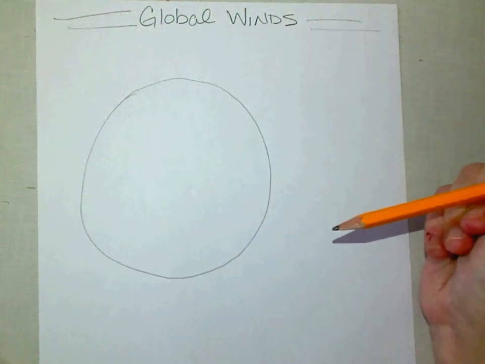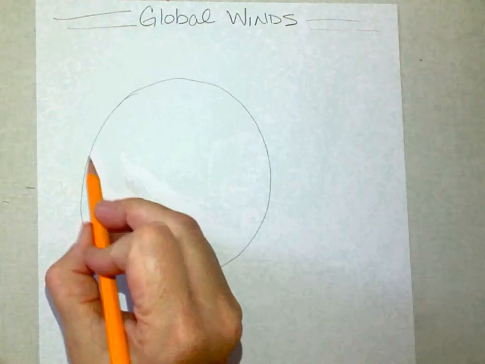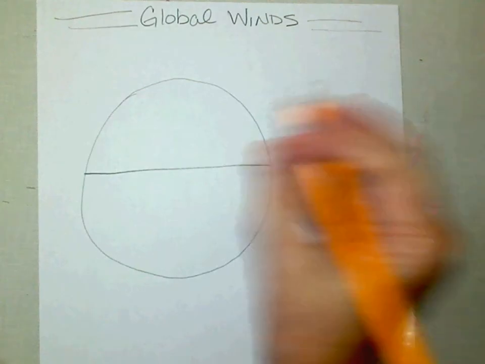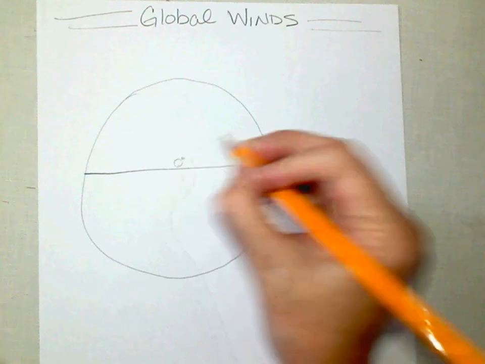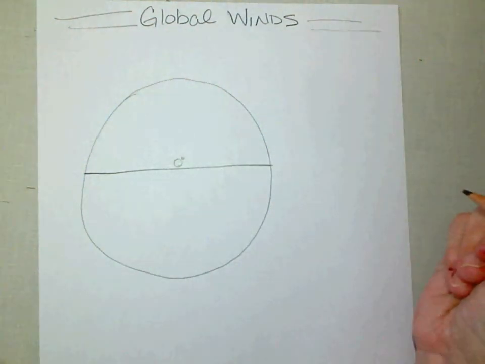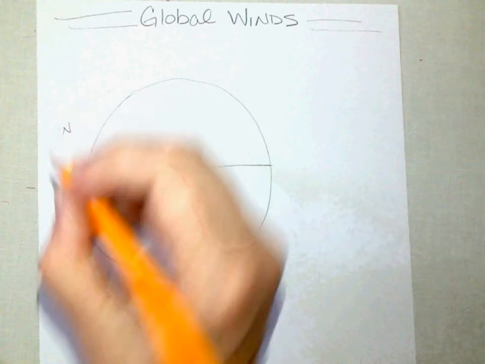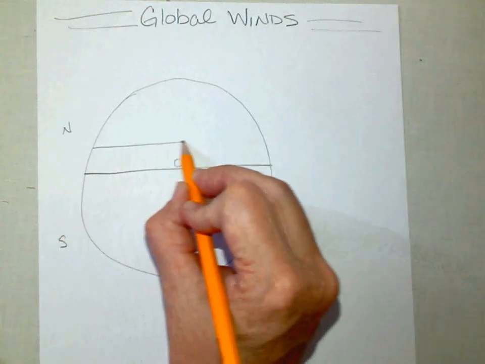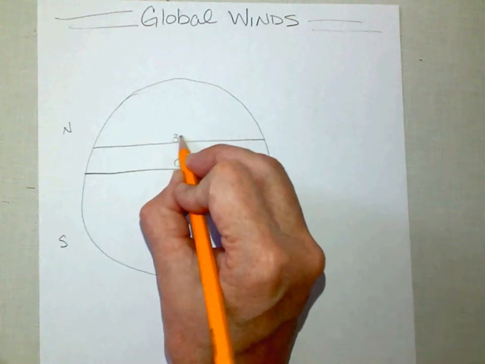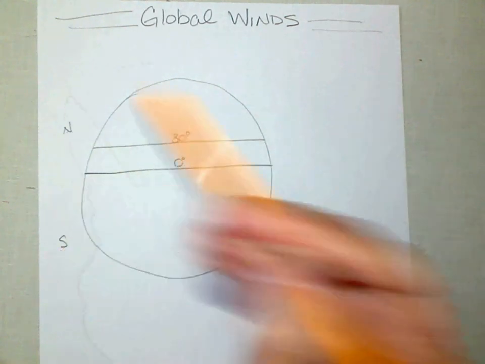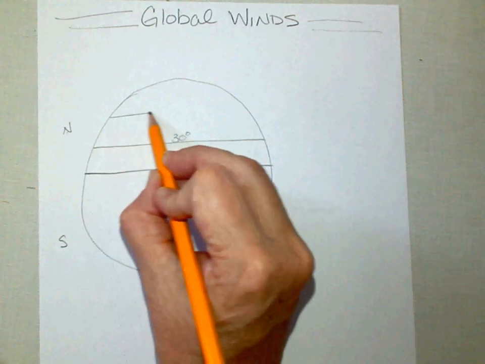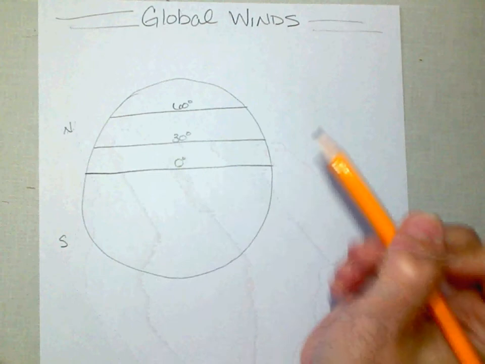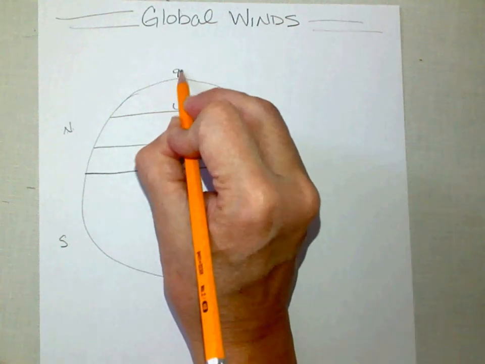Again, that imaginary line that cuts it right in half, that is the 0 degrees latitude. So now I have the northern hemisphere and the southern hemisphere. I'm going to look at 30 degrees north latitude and 60 degrees north latitude, and then 90 degrees north latitude.